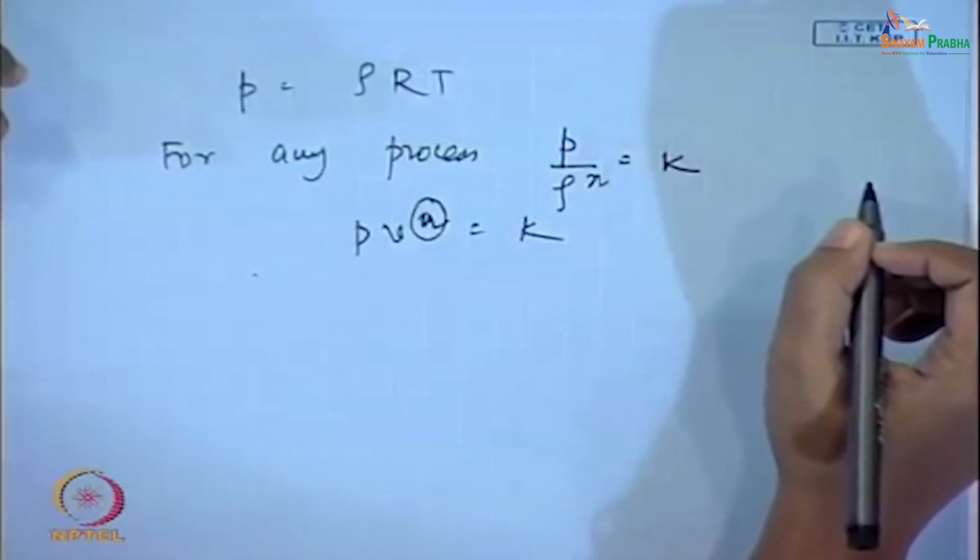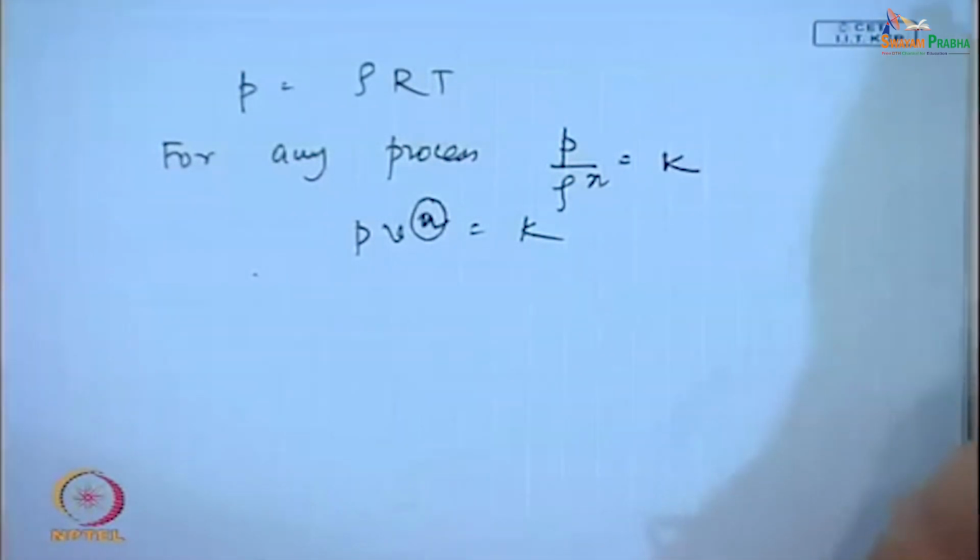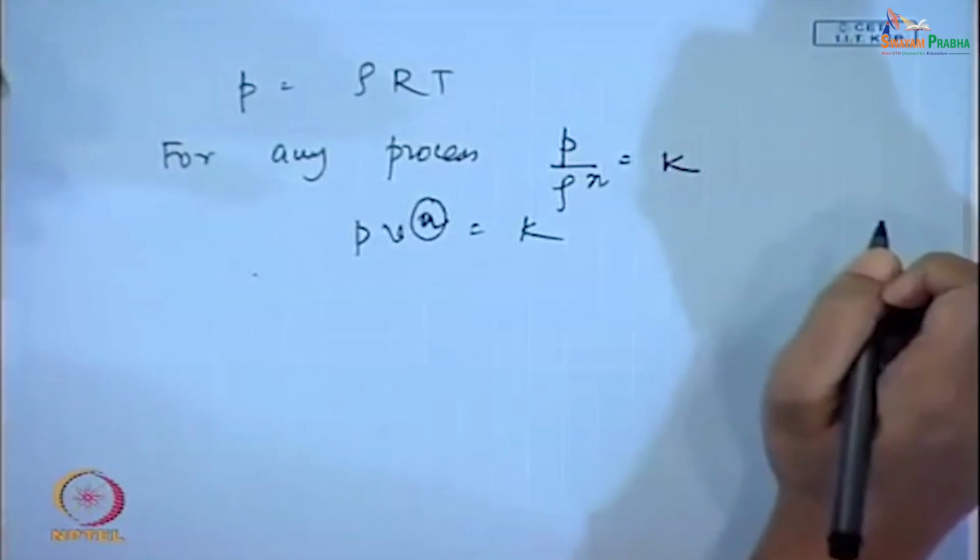All of us know it: n equals 1 for isothermal process, n equals gamma for adiabatic processes, and so on and so forth.